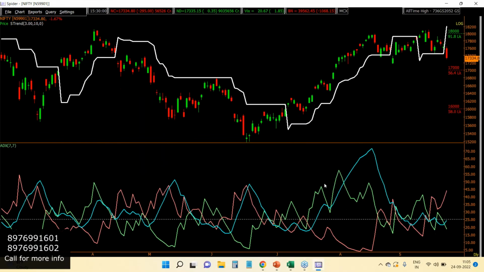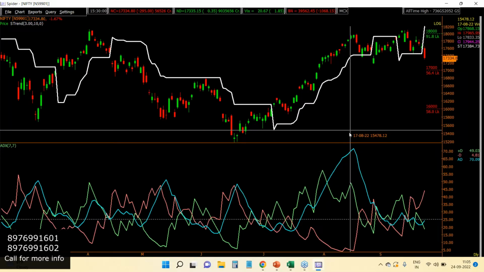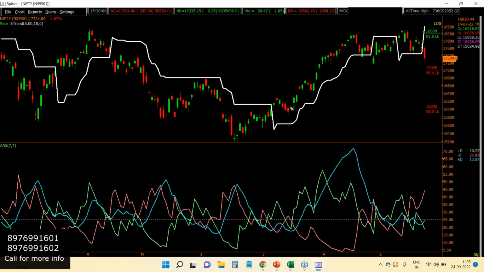The blue line is the ADX line, which indicates the strength of the trend. As you can see here, the ADX is in a rising form at this point. Similarly, you can see the price is in an uptrend. Currently I am observing this on the Nifty cash segment chart.